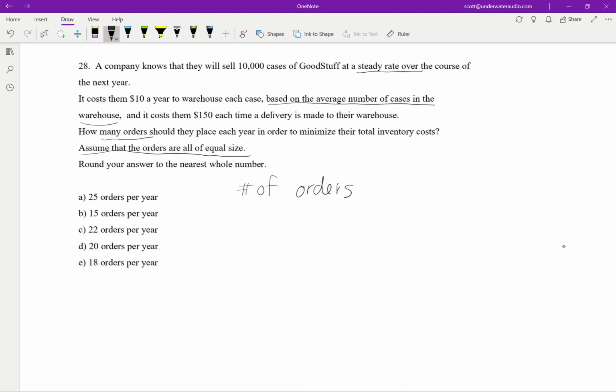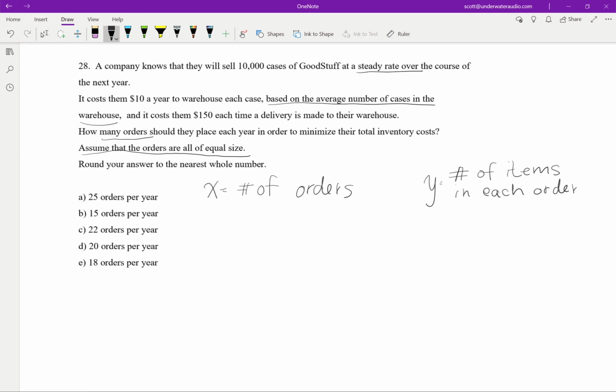So one of the things is the number of orders, and then the other number is the number of items in each order. So it's the size of the order. Instead of item, I could have put good stuff. Let's just call this X, and Y is the number of items.